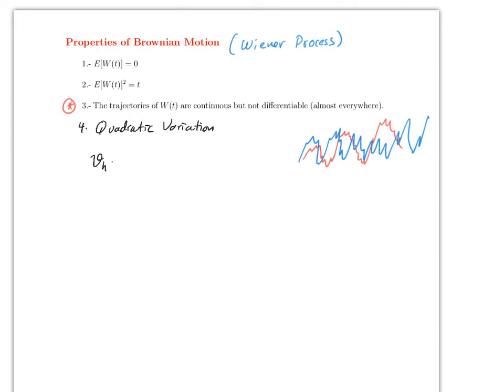Epsilon of h is defined to be the sum from k equals 0 to n minus 1 of (W(t_{k+1}) minus W(t_k)) the whole thing squared. Notice that this is just the sum of the increments squared. That's why it's called quadratic variation.